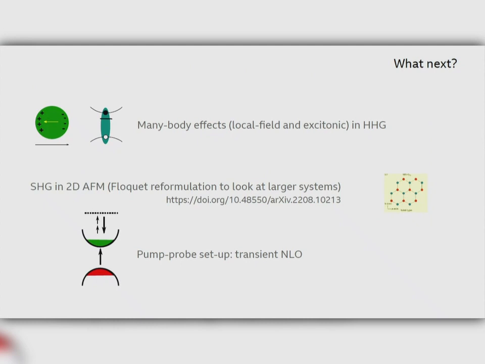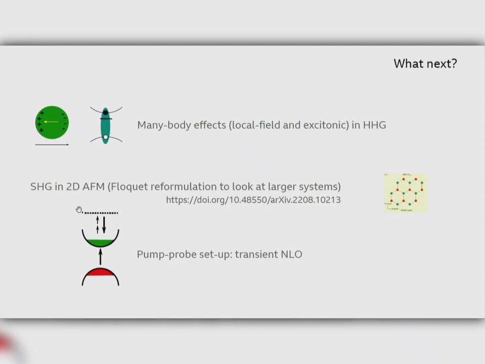Perspectives, so what next? Of course, in high harmonic generation it would be nice to see the effect of local field and excitonic effects. I don't expect excitonic effects to play a big role in the system I showed, but there may be other materials where they play a role. Then, at the start, I showed you second harmonic generation in 2D antiferromagnets, and there is a PhD student working on that.